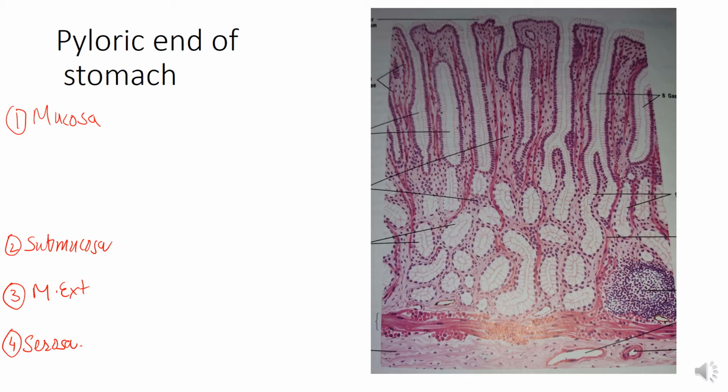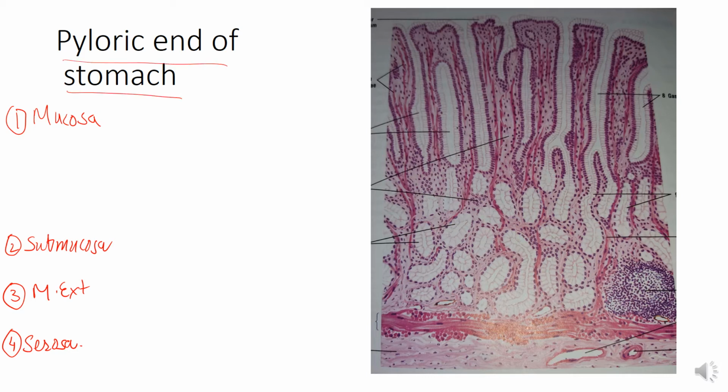So apart from these, there is no other mechanism to protect the small intestine from the corrosive effects of the acid present in the chyme. So an abundant amount of mucus cells are given in this pyloric end of the stomach.